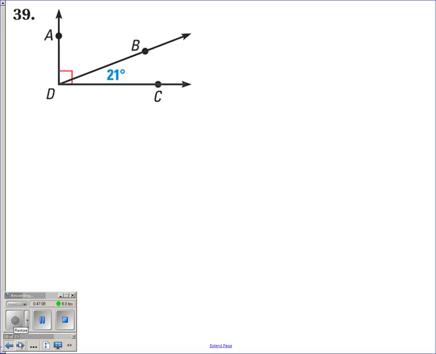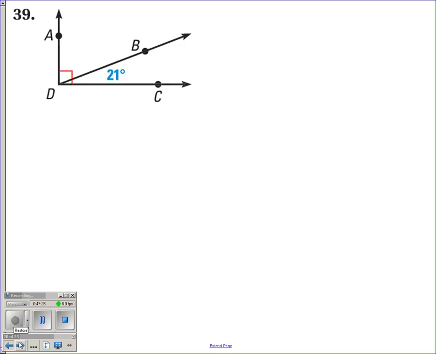Complementary angles add up to 90. C comes before S in the alphabet, complementary before supplementary. 90 comes before 180 on the number line. So 90 goes with complementary, 180 goes with supplementary, and these are all complementary.